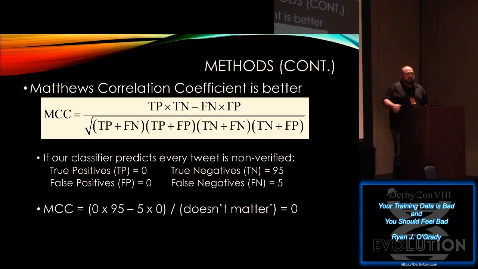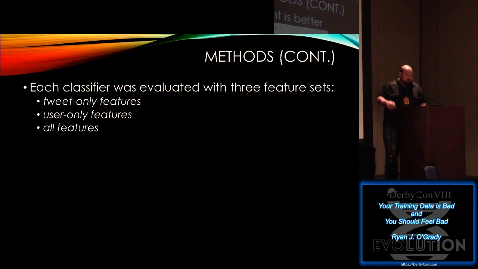It has to actually make predictions about the least and most popular class, in this case, unverified and verified, in order for it to actually have any measurable impact on the correlation coefficient. I put an asterisk here because it doesn't matter. There are some edge cases where you just say it's equal to 0 and you just move on. But by and large, if you're predicting 0 for all the classes, this is going to be 0 at the end of the day.